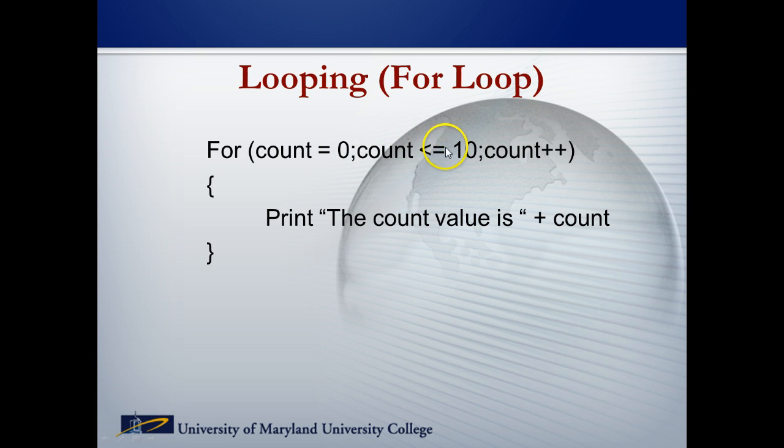So at 9, it's still going to execute the guts of that for loop one more time, and then come back up here and increment it to 11, and of course, count is going to be greater than 10 rather than less than or equal to. So it's not going to execute that. It's going to go down and start executing the code beneath that for loop. So it's very important that you understand that, and we'll get more into that later on. But this is a really critical control structure, the repetitive control structure that we'll use throughout this course.